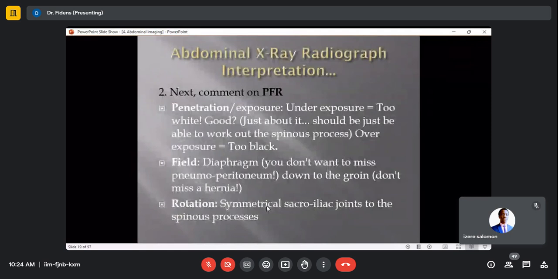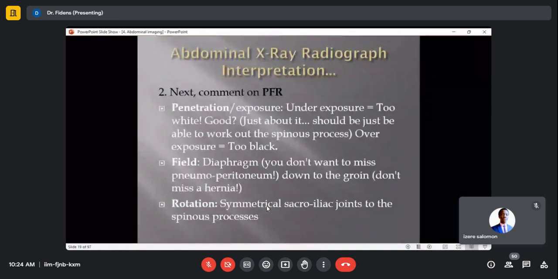Number two, for chest radiograph, remember, there are 5 things you have to check. That's technical now. For abdominal X-ray, there are only like 3 things. You check for penetration also, and for penetration, the same effect: if it is over-penetrated, it changes the appearance, the quality of the image.